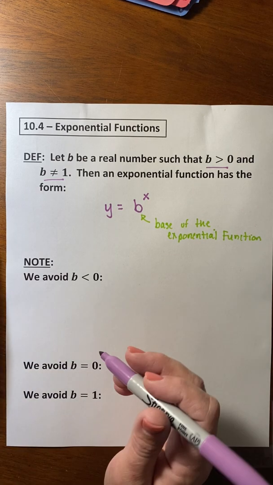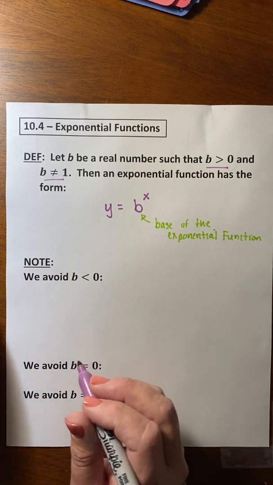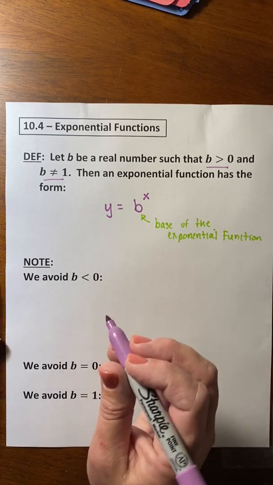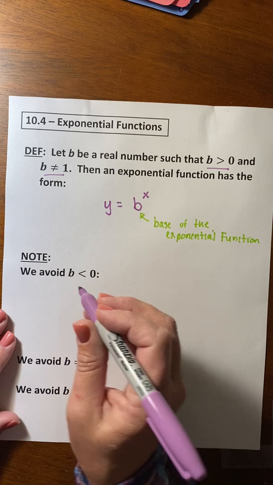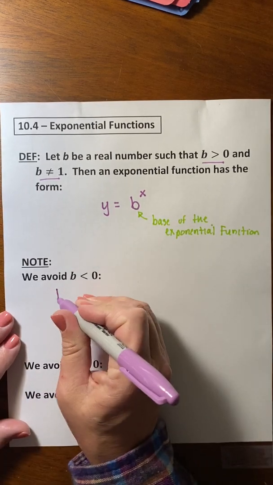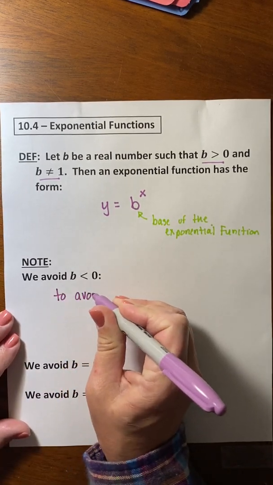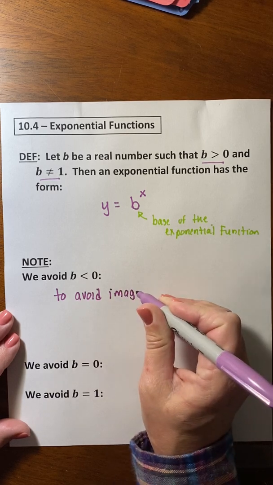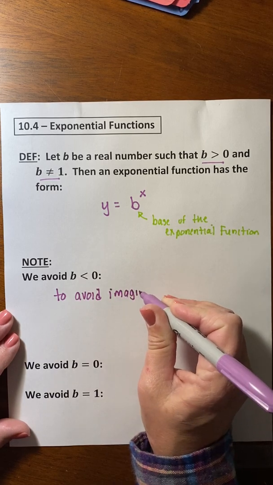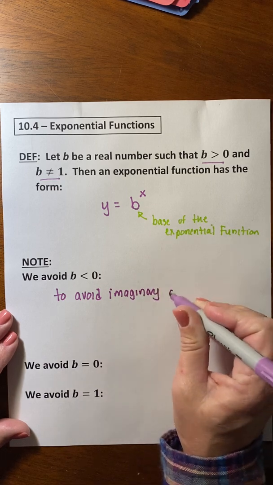Well, if b is less than 0, we could get imaginary numbers in the evaluation of the function. To avoid imaginary outputs.